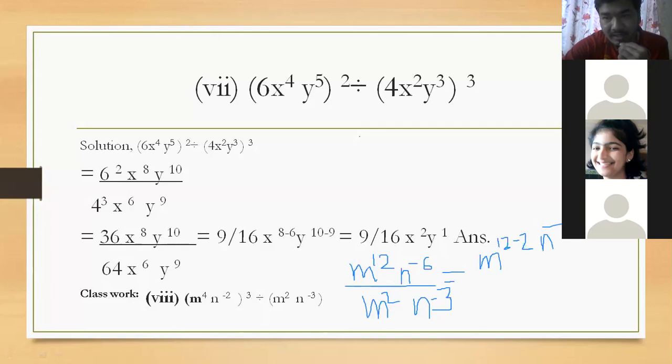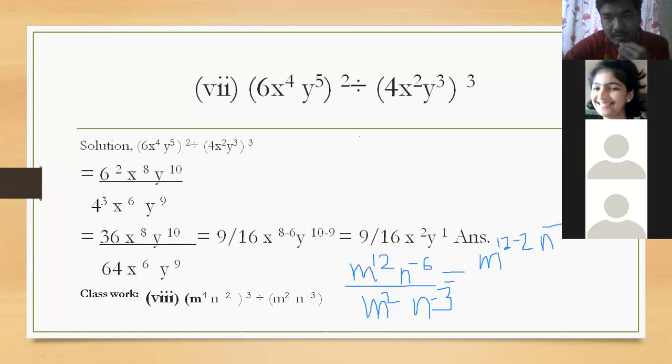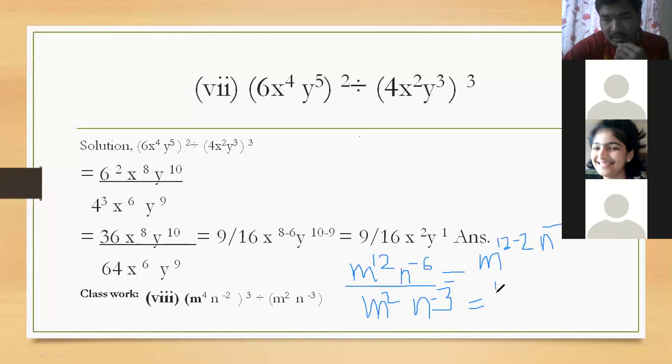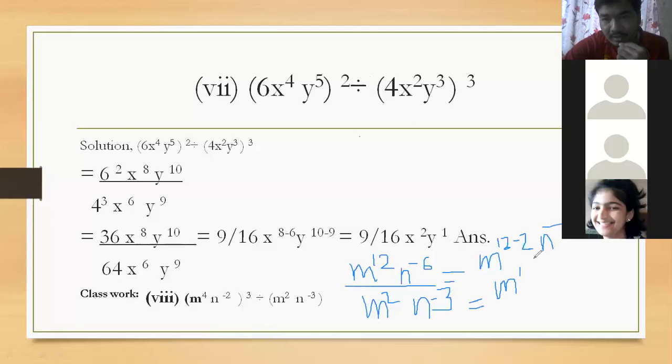It will go up, minus 3. Are you looking? It equals what? M to the power 12 minus 2, what will be there? 10. It will be 10 here.